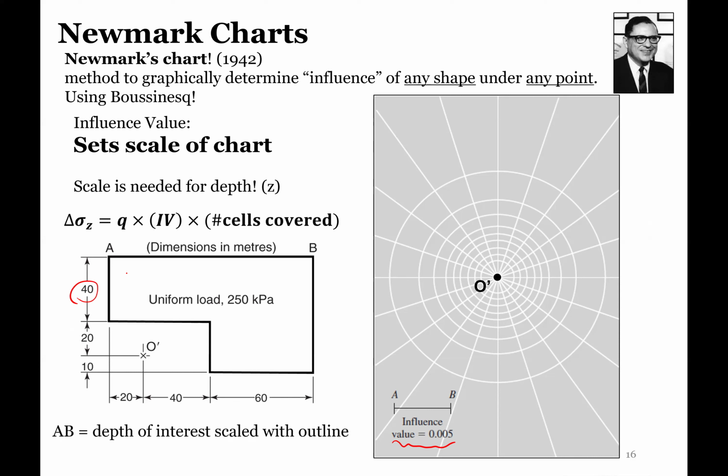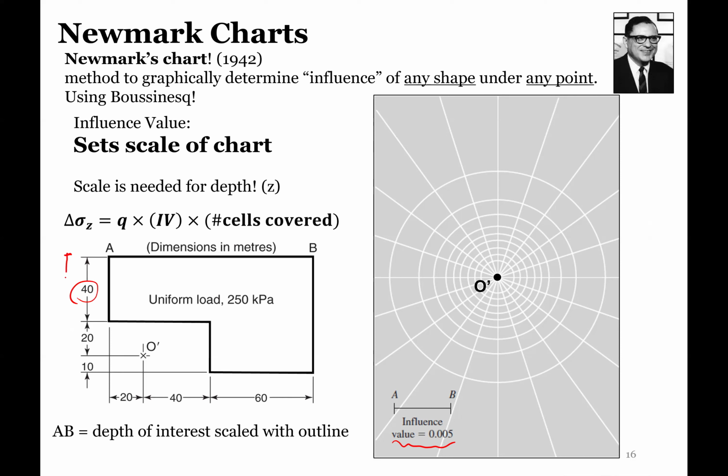This AB is the depth of interest scaled with the outline. Let's keep it simple. Let's say we want to know the increase in vertical stress underneath the footing at point O prime, at a depth of 40 feet.